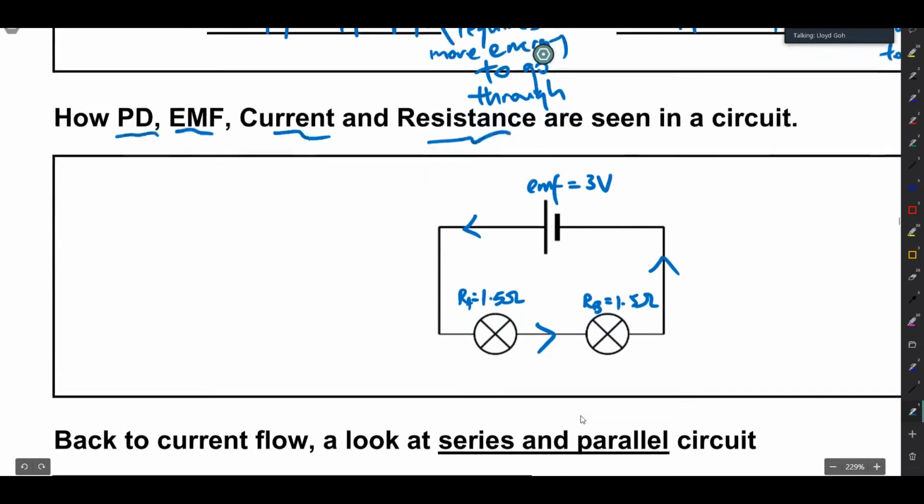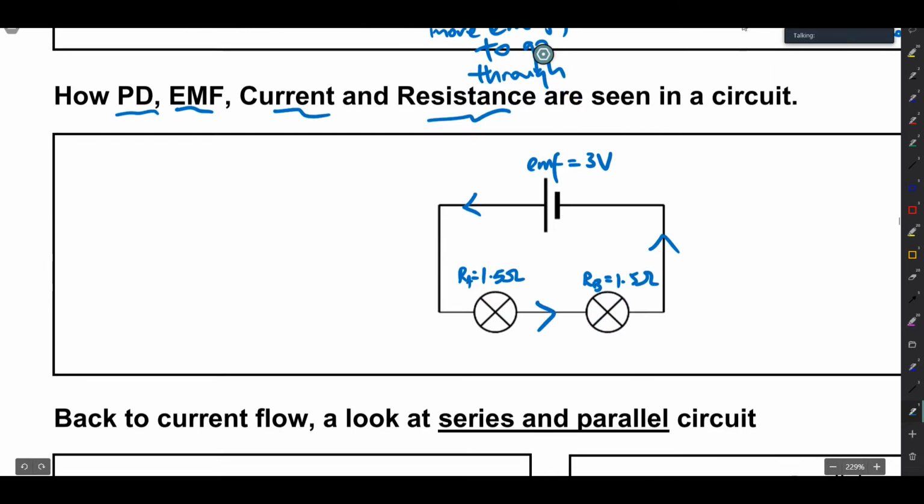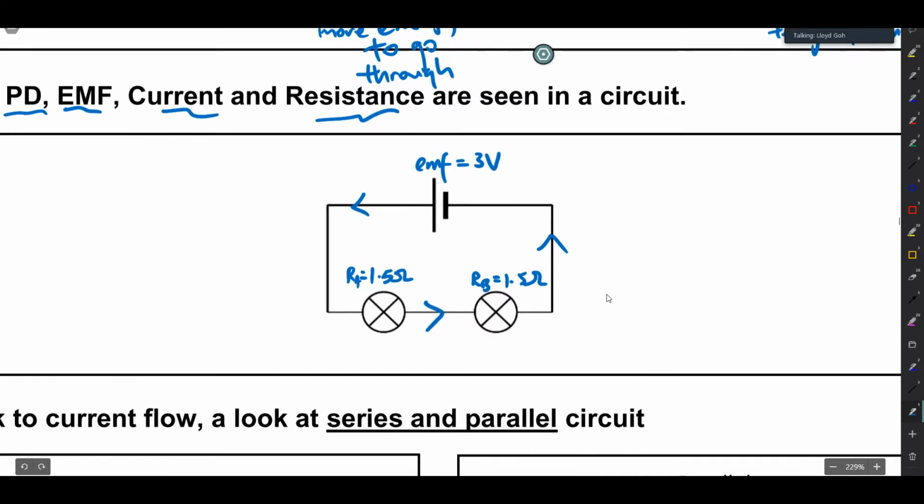What's so special about a series circuit is that the current can be traced out in one stroke. In fact, the current doesn't split up at all. Let me go through the formula first: V total equals I total times R total.